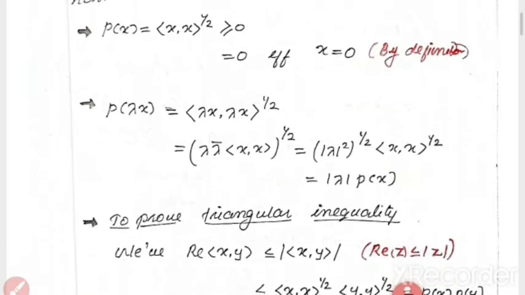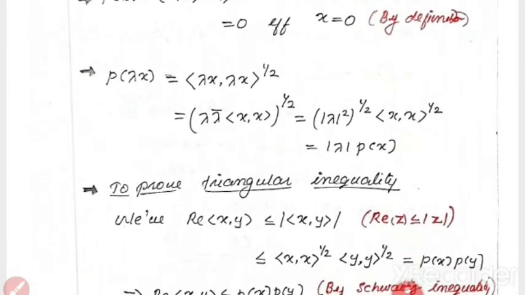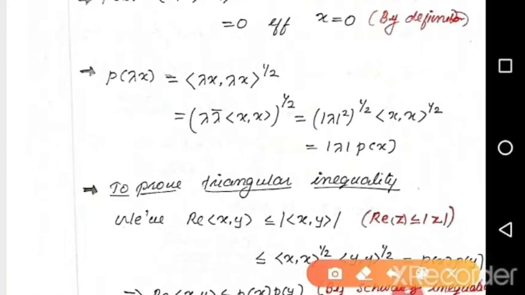To prove the second case, we start with P of lambda x. By the definition of P, it is nothing but inner product of lambda x comma lambda x raised to half, and there is lambda in the first argument's position and also in the second argument's position. From the first argument's position, lambda can be taken outside, and from the second argument's position, lambda bar can be taken outside.